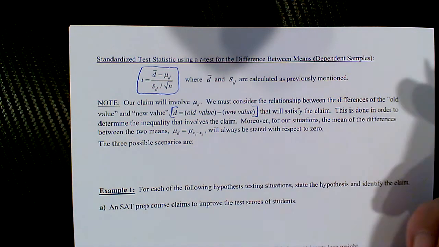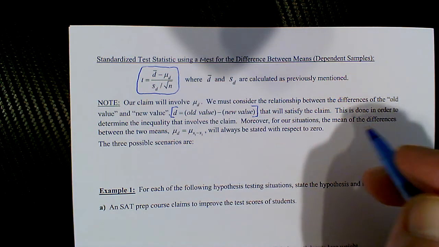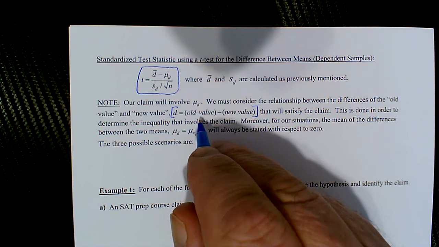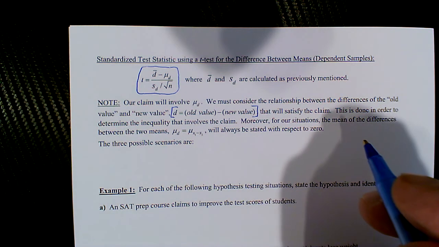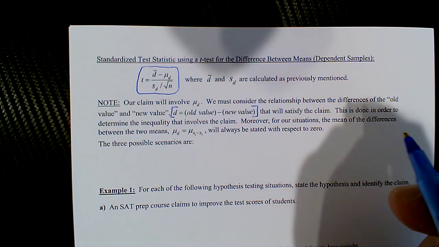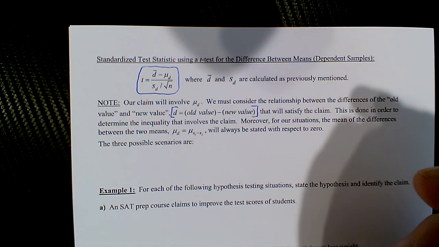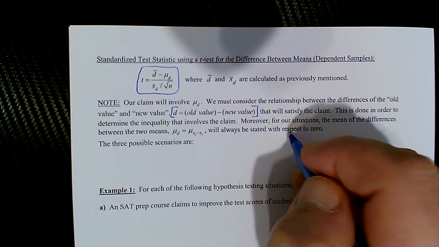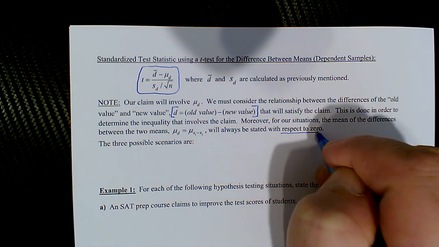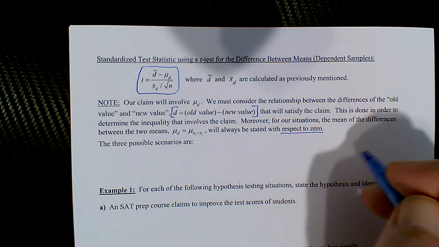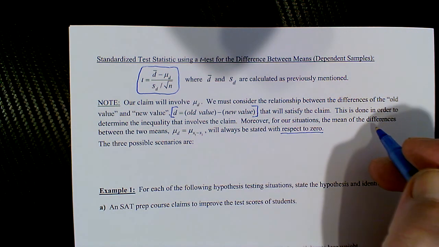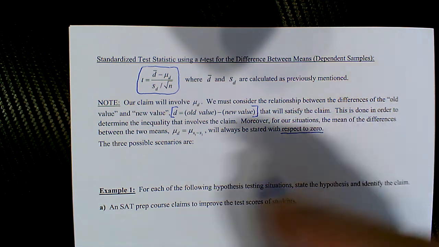Or maybe it's equal to 0, but whatever the claim is, we have to determine what that difference represents with regards to the sign of the differences. And we are always going to state mu sub d with respect to 0. You could have it with respect to other values, but for our cases, always with respect to 0.